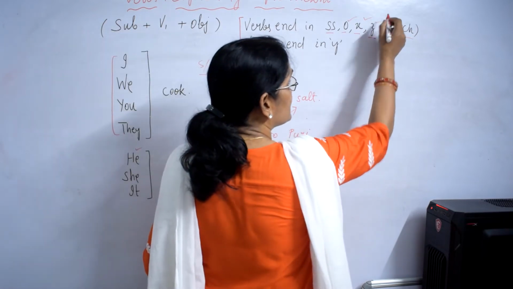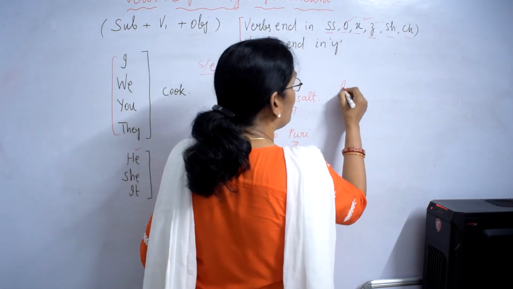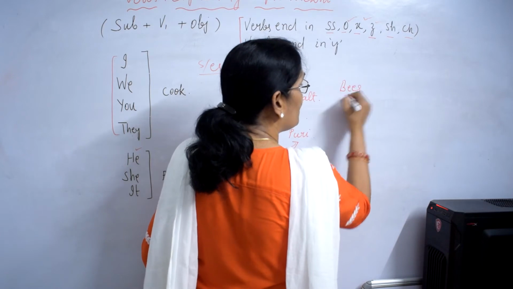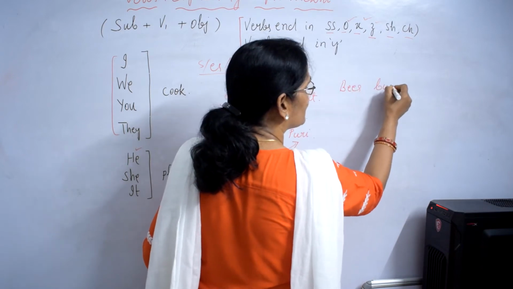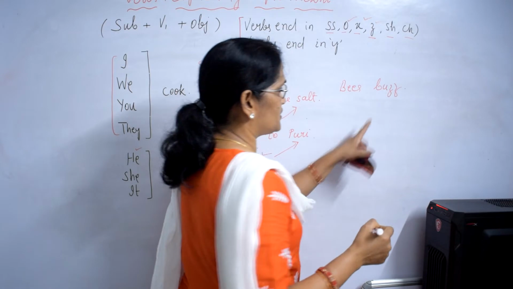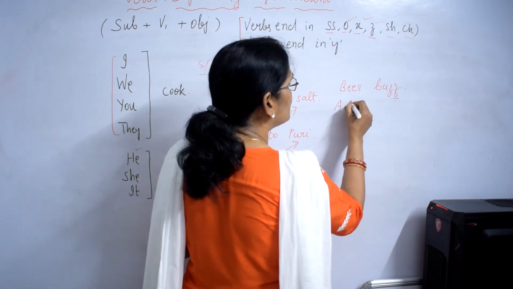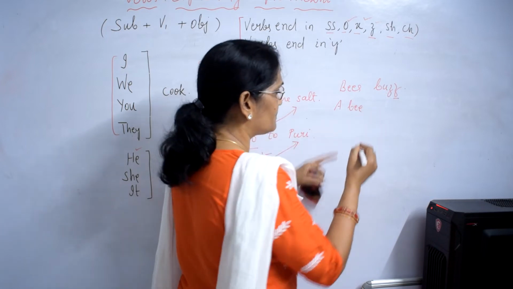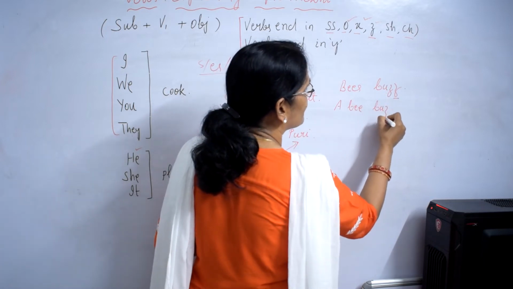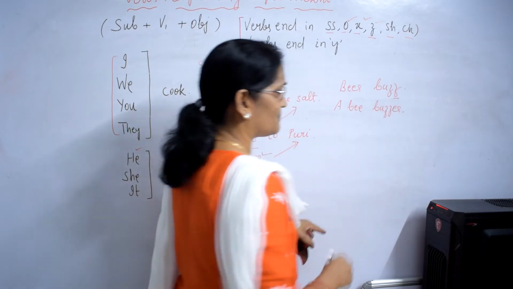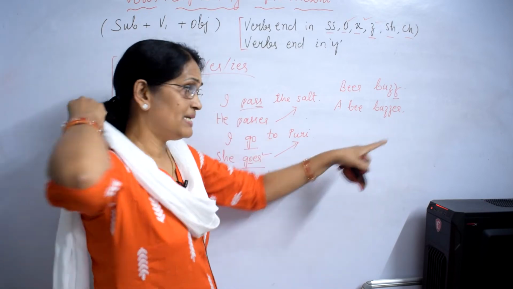Then the verb ends in dge: budge. Obby budges. Es added.